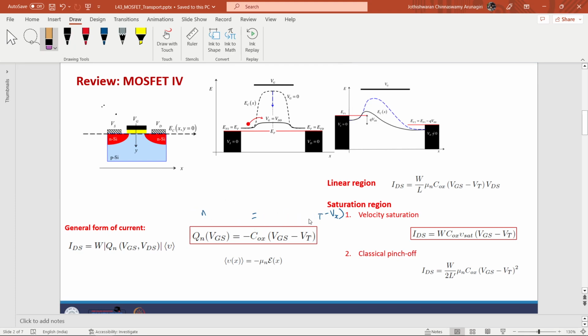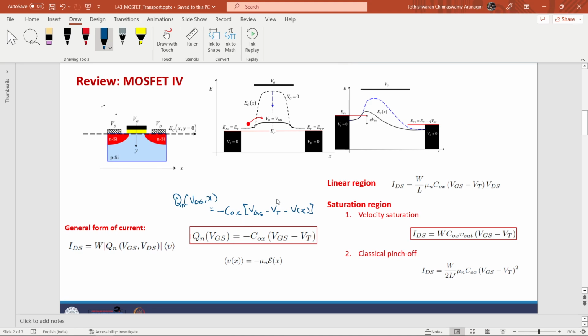Let me rewrite it. So this is the charge in the ideal situation. However, when we have drain effects on the channel, Qn of VGS comma X is equal to minus C ox into VGS minus VT minus V of X. Is this correct?